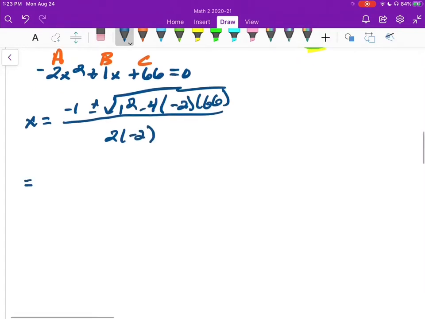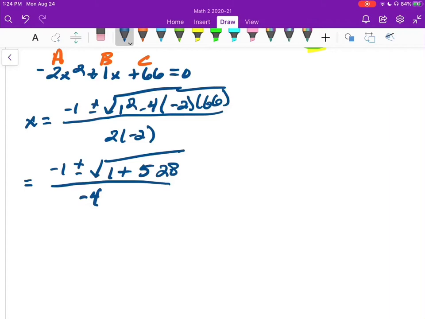This is the same thing as negative 1 plus or minus root 1 plus, right, because we have 2 negatives, so let me type in my calculator, 4 times 2 times 66, and I get 528, all over negative 4.